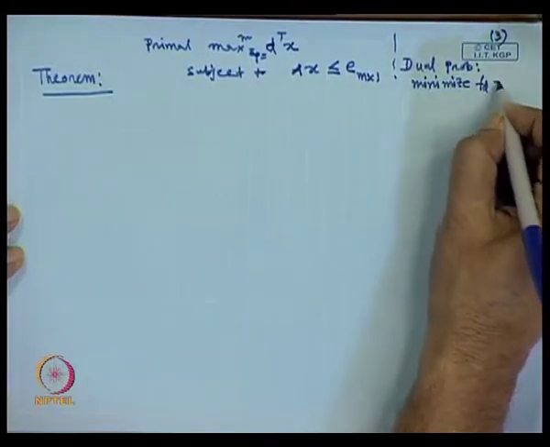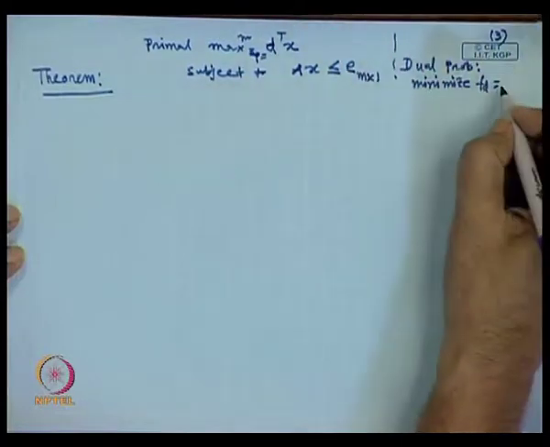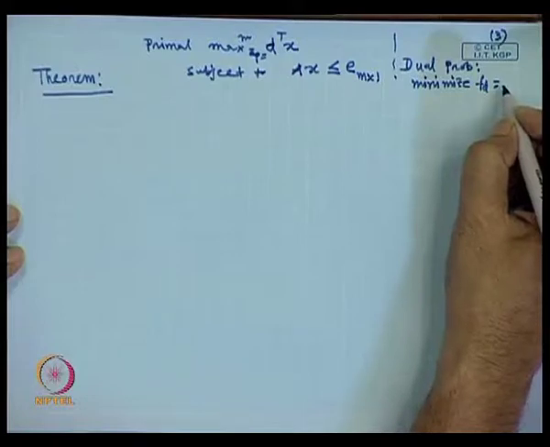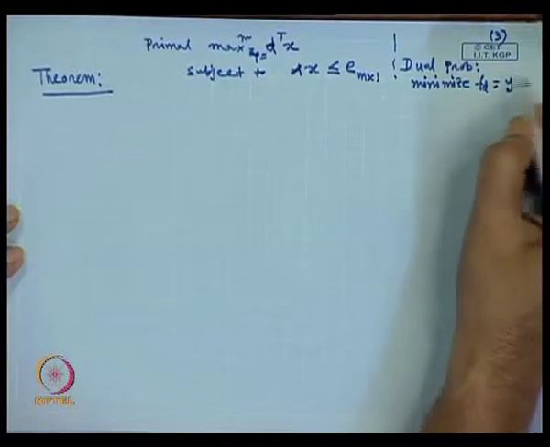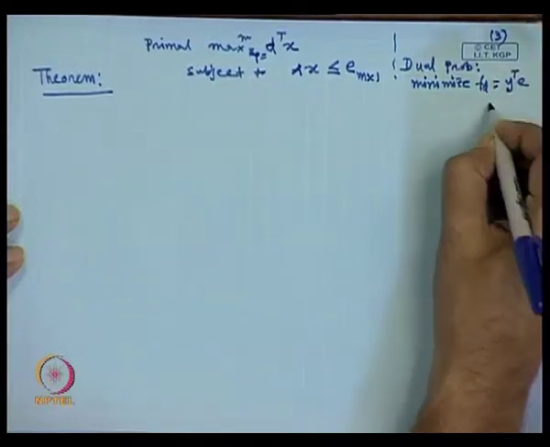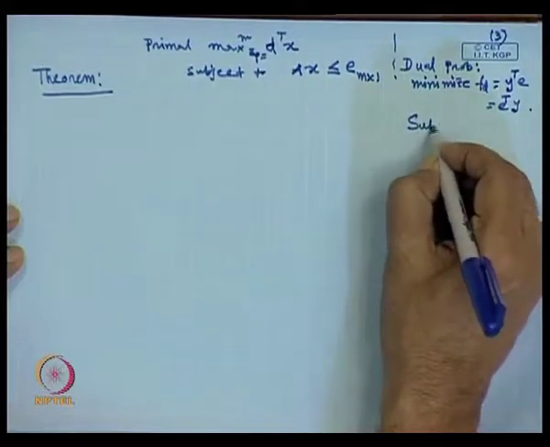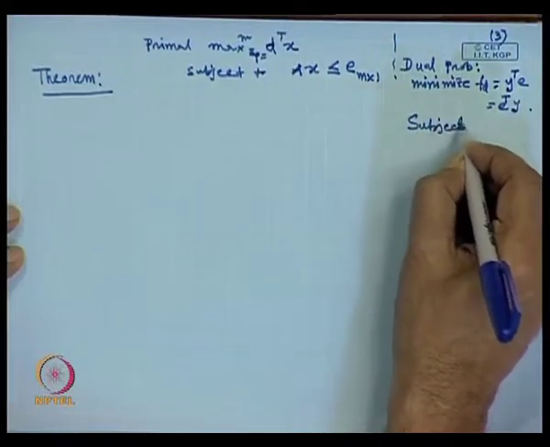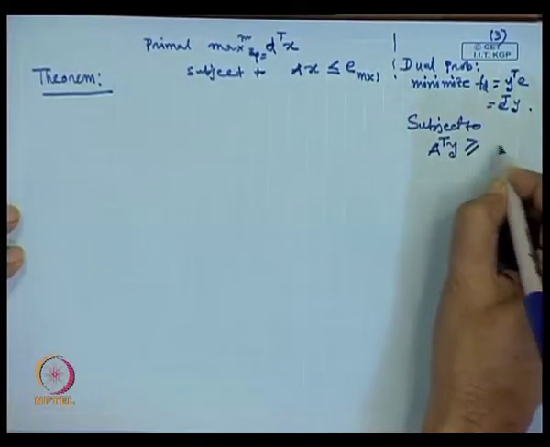f of y. The right hand side of the primal constraints will come as the coefficient of the objective function in the dual problem. So it is y transpose E, or you can write E transpose y, subject to A transpose y is greater than or equal to d.